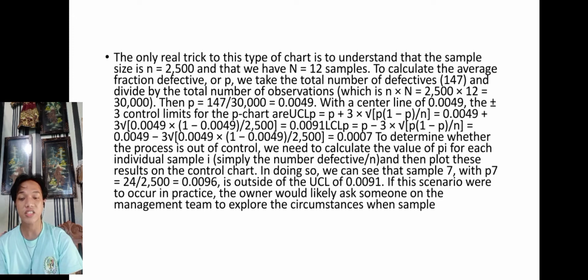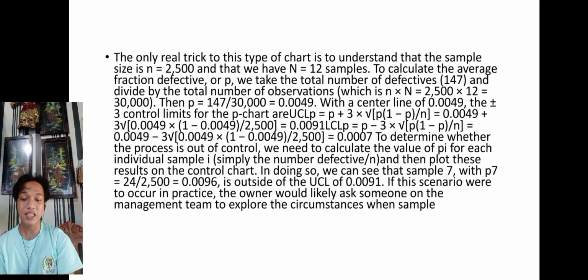To calculate the average fraction defective, p-bar, we take the total number of defectives, 147, and divide by the total number of observations, which is n times the number of samples, 2,500 times 12, equals 30,000. Then p-bar equals 147 divided by 30,000 equals 0.0049, with a center line of 0.0049.